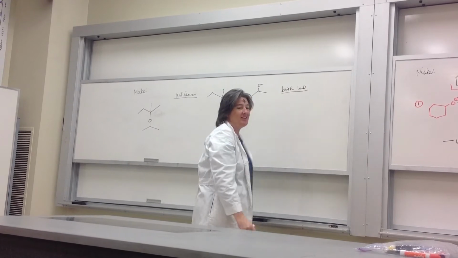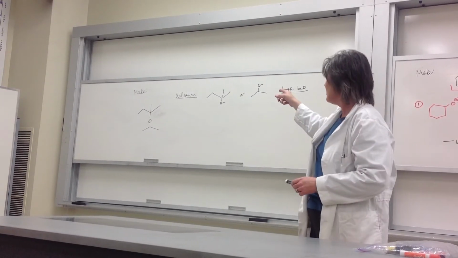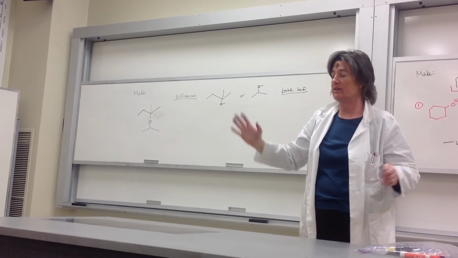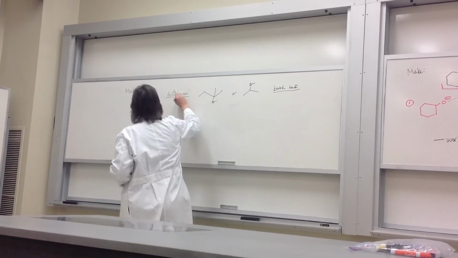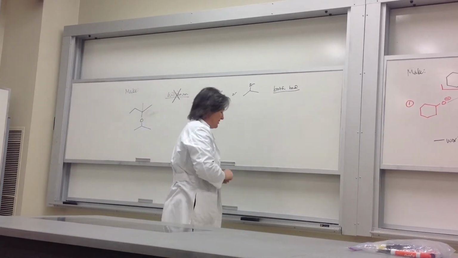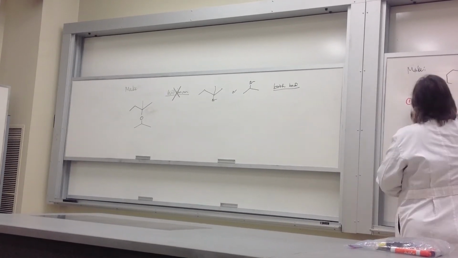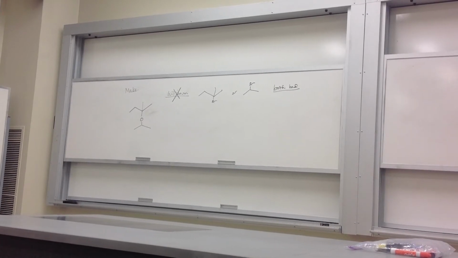So I looked at this, and at your yield, the top one will never work, or the first one. The second one, you'll get probably a screaming 10% yield, not good. So I don't want to do a Williamson on this. So the third method, this is the one you guys learned as well, is what's called an alkoxymercuration.